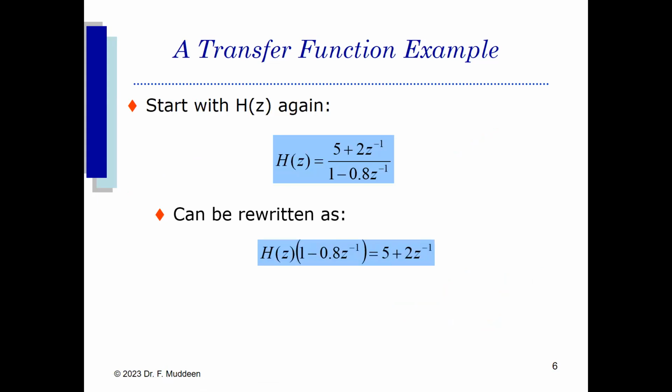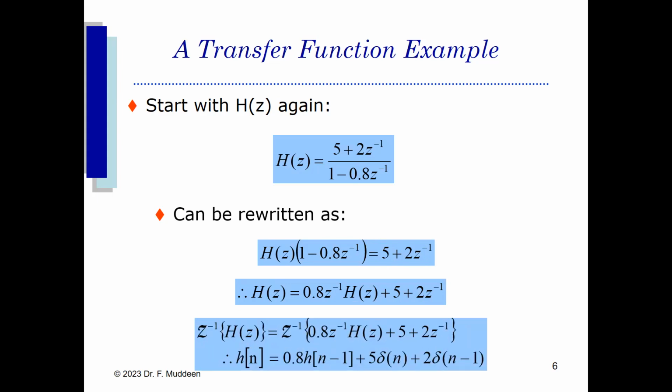We can rewrite it just by cross multiplying. H(z) times (1 minus 0.8 z^-1) is equal to 5 plus 2 z^-1. So put H(z) on one side and everybody else on the other, and then you read off the inverse transform directly. Remember, every time you get a z^-1, it is something delayed by 1.